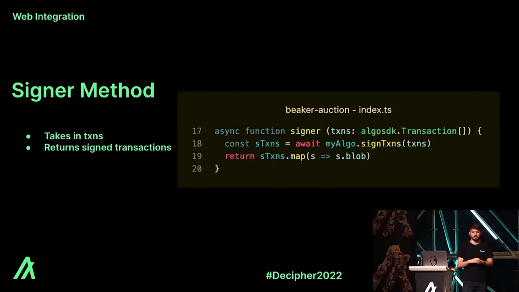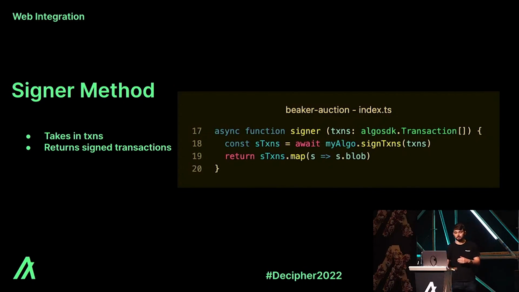One of the input parameters when we created the application client was this signer function. If you remember, there was a signer function in our PyTest, but that function was automatically given to us through the sandbox.getAccounts abstraction. In our case, we need to write our own signer function that lets the end user sign their transactions using myalgo.